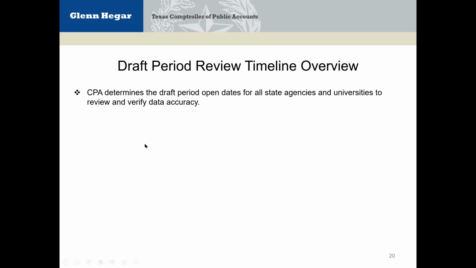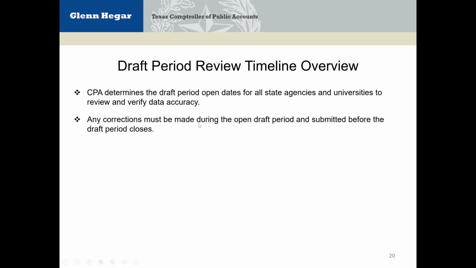Then I run the processes, and we open it up for that first draft period. Any corrections have to be made during that opening draft period and submitted before the draft closes.